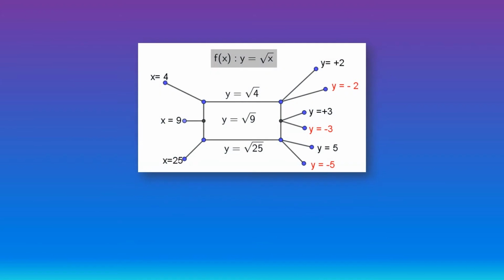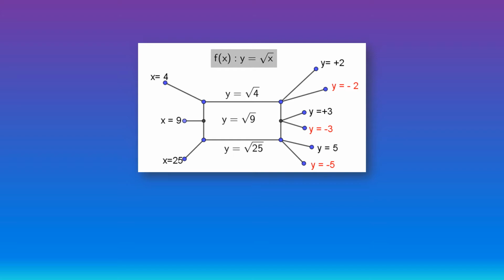Now look at this flow diagram. Our equation is y equal to root of x. We substitute again. We substitute 4. Root of 4 is plus 2 or minus 2. We get two values for y. Same thing.